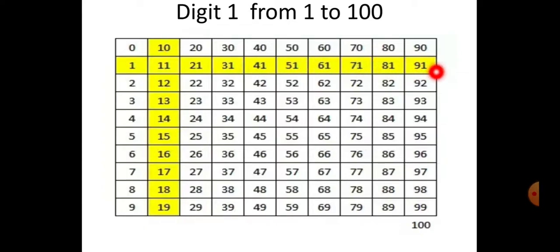If we count the digit 1 in this row and in this column, and add all together, there are 20 digits. The digit 1 appears 20 times while we write from 0 to 99. If we write 0 to 100, there is one extra 1 in 100, which makes a total of 21. We need to write the digit 1 twenty-one times from 1 to 100.